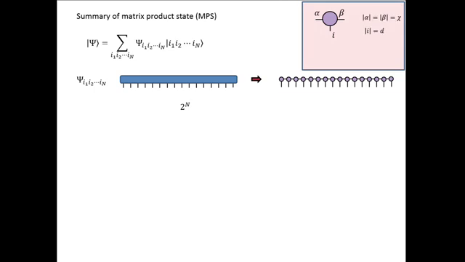Specifically, we had bond indices, alpha and beta, which take chi different values, and a physical index, which takes d values. So that should be d to the n instead. Then it's clear that each tensor has d chi squared coefficients, and therefore the total number of coefficients is only proportional to the number of tensors, which is n. So we have an efficient representation of the wave function.